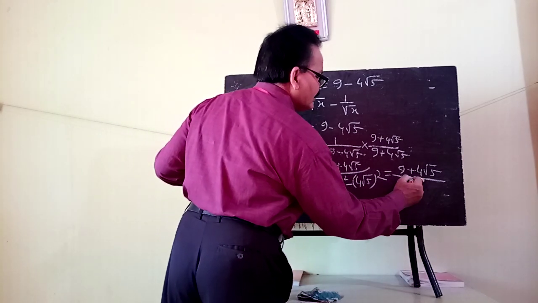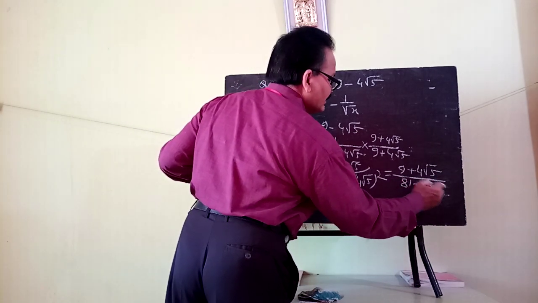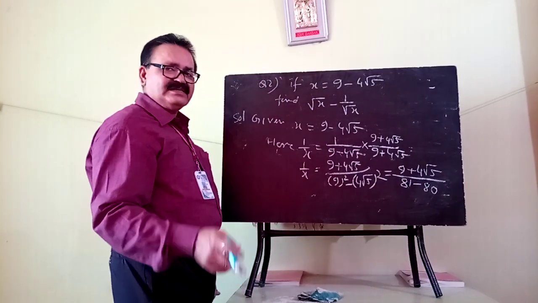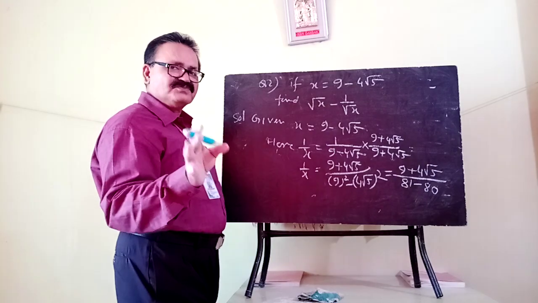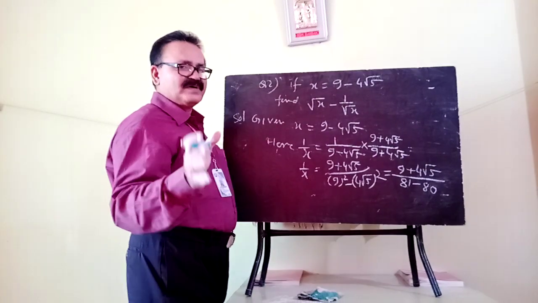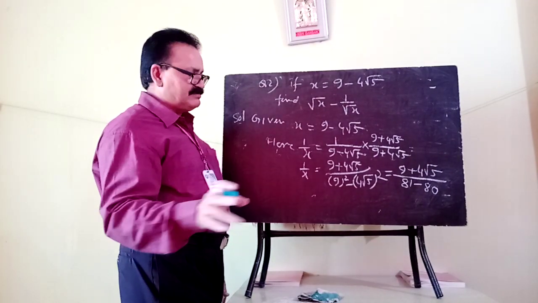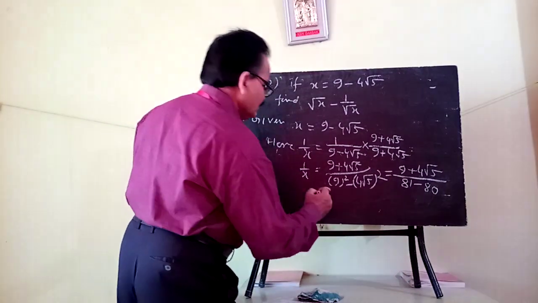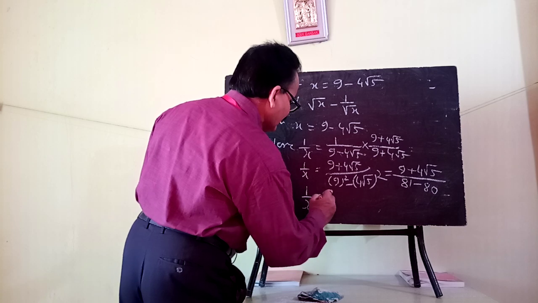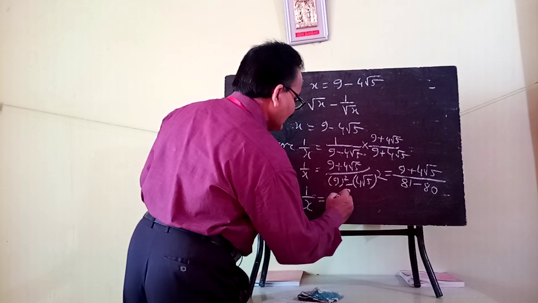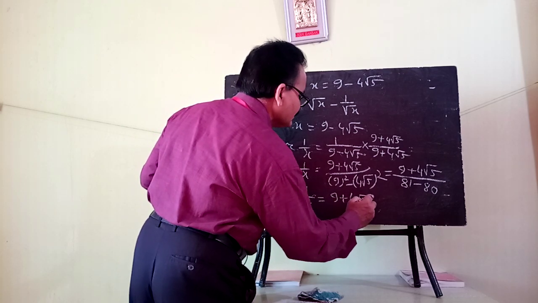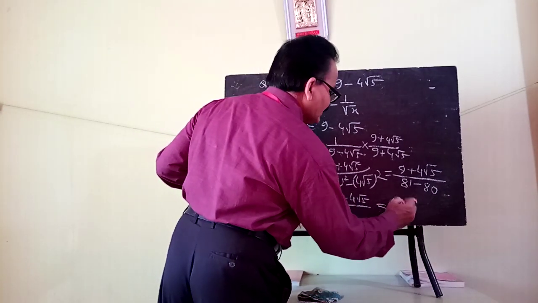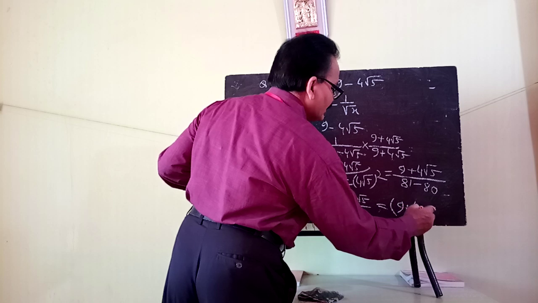So this is 81 minus 80, which means 1. So your 1 upon x will be equal to 9 plus 4 root 5 by 1, which means 9 plus 4 root 5.